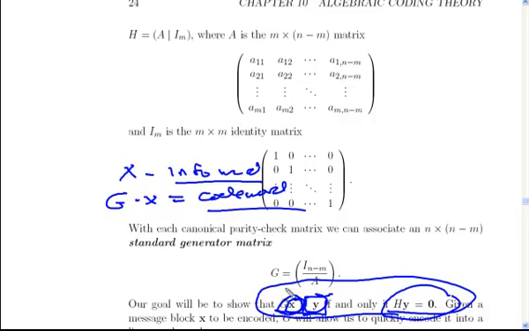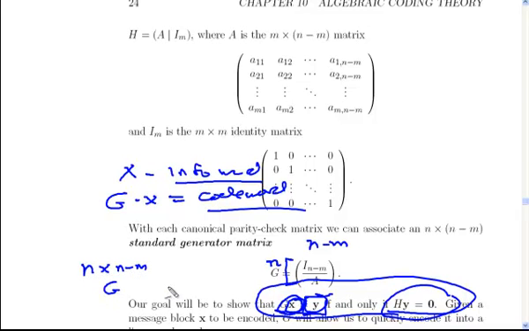Okay, let's see how that works out. Well, G is going to be n minus m this way, and it's going to be n minus m this part and m this part, so altogether this is of length n. Okay, so what that means is G is n by n minus m.